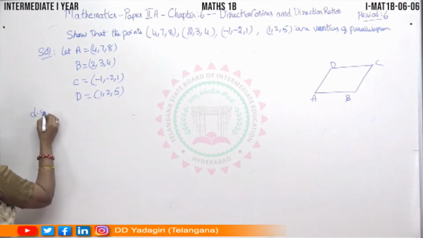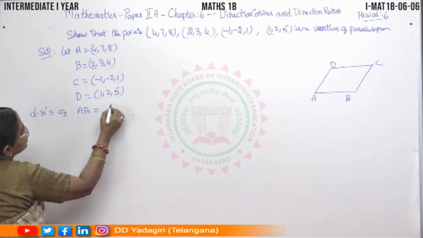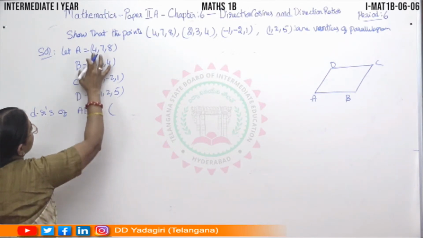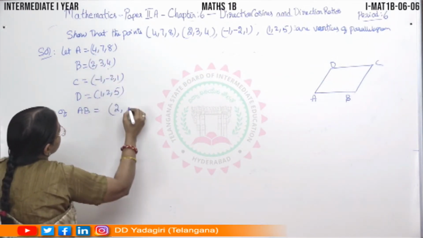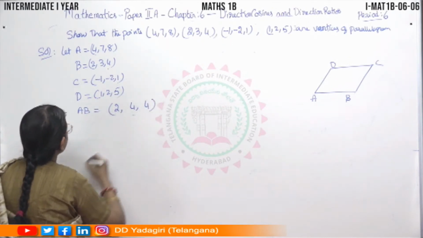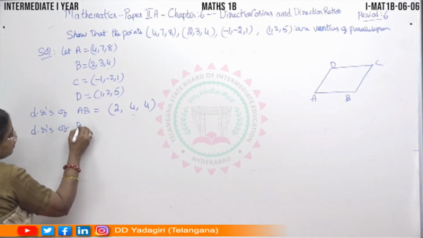Now we'll write the direction ratios of AB. x2 minus x1, y2 minus y1, z2 minus z1, like that. So it is 4 minus 2, I'll take 2. 7 minus 3, 4. 8 minus 4 is again 4. Now we'll write the direction ratios of BC.